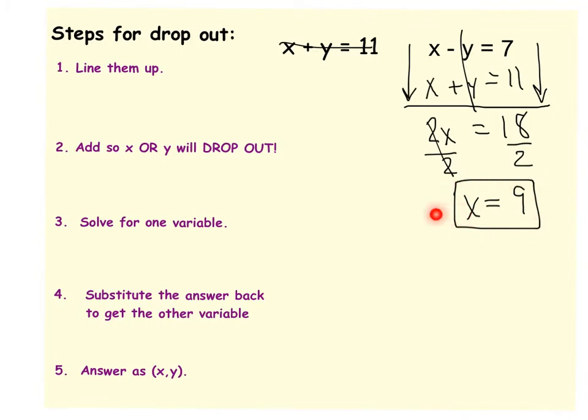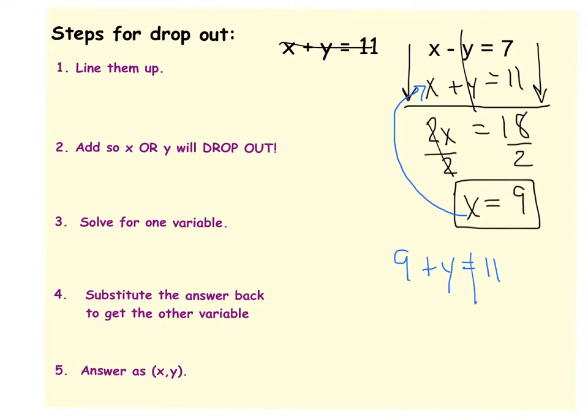If you guessed that we need to plug it back in, well, that's correct. So we're going to take x equals 9 and plug it back into our equation. I like to work with equations that don't have any negatives, so if you can avoid that, that's always good. So I'm going to take this x equals 9 and put it into this bottom equation. So now it looks like 9 plus y equals 11.